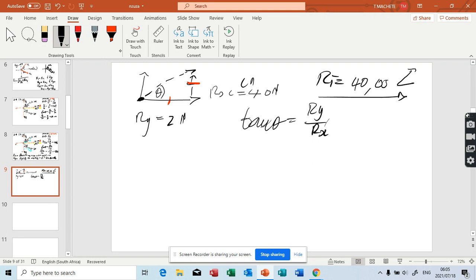This is your adjacent, this is your opposite. Okay, let me write it on top here. It's 12 newtons. And then you will see which one is opposite, which one is adjacent. So it's 2 over 40.